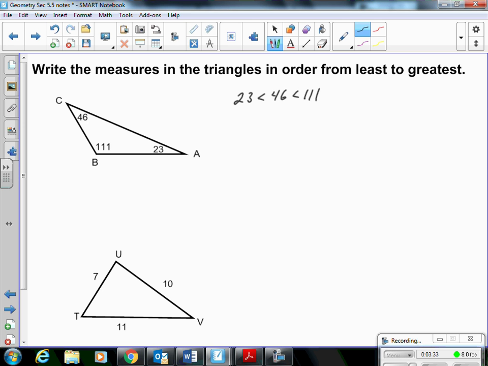Right? So putting the numbers in order, that means that the measure of angle A is less than the measure of angle C is less than the measure of angle B.